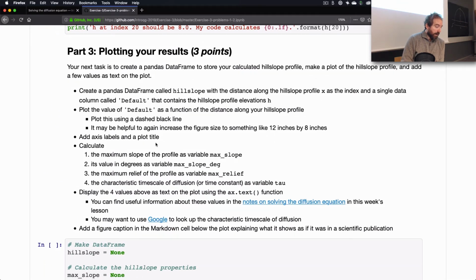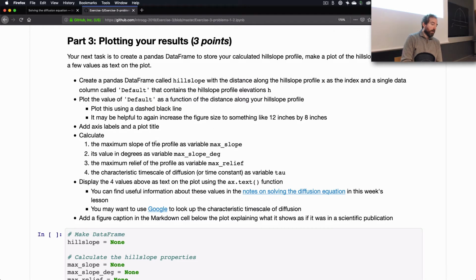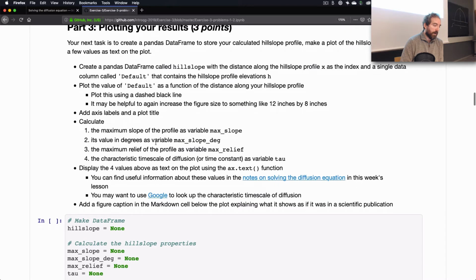And then after that, you make a plot of a profile that should look somewhat like what's on the board there. To do this, we're going to basically take what comes out of your hillslope diffusion function. Should be some variable, maybe H would be a good thing to call it. Put it into a pandas data frame and then plot.